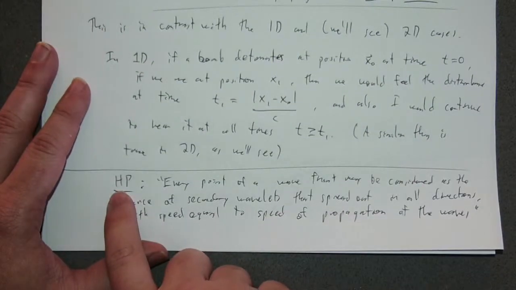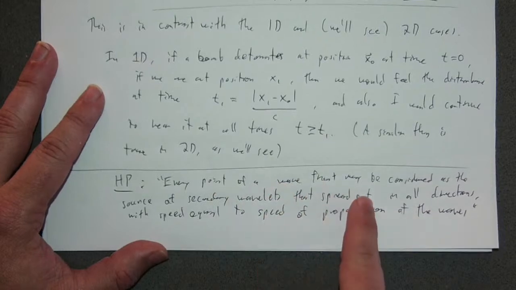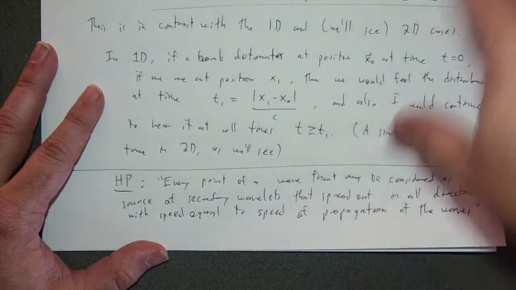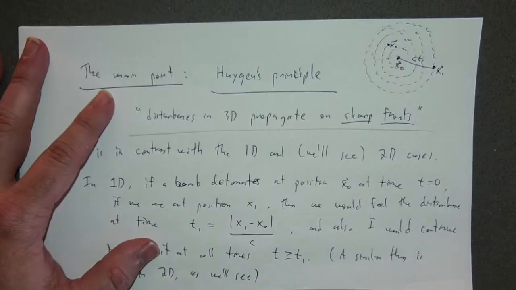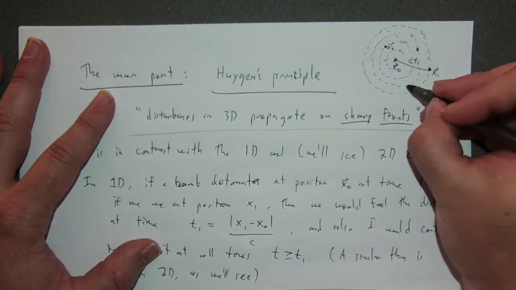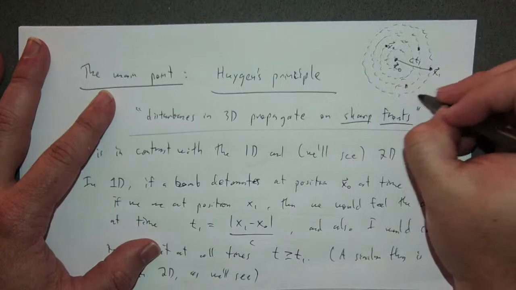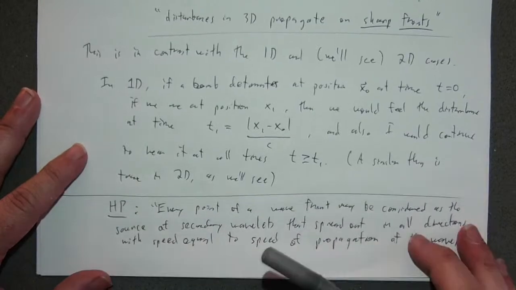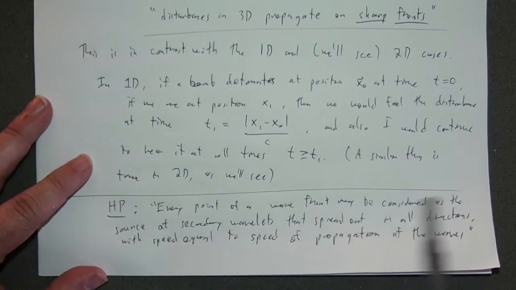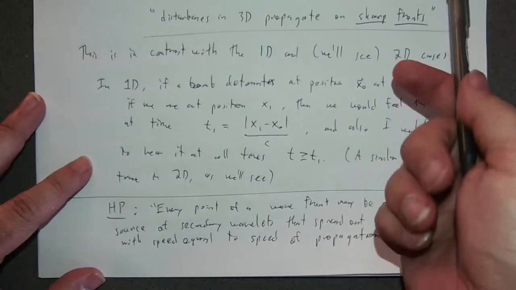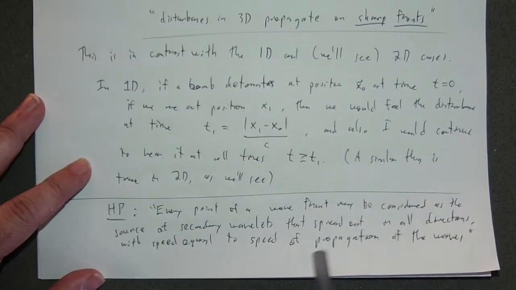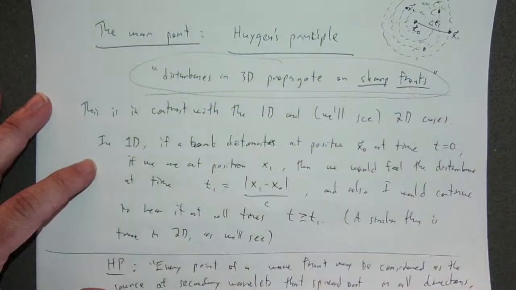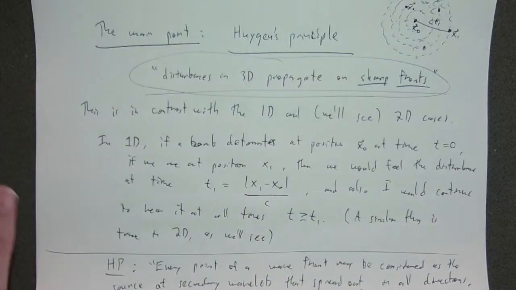But this says that every point of a wavefront is considered as a source of secondary wavelets, secondary disturbances emanating from that point also in sharp fronts, heading out in all directions. So how can that be reconciled with these disturbances propagating on sharp fronts?